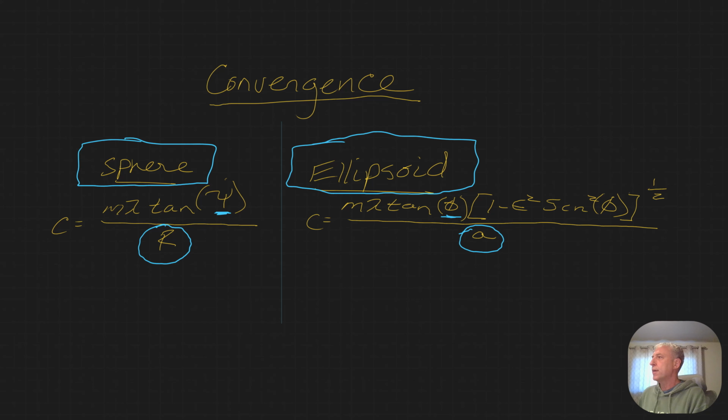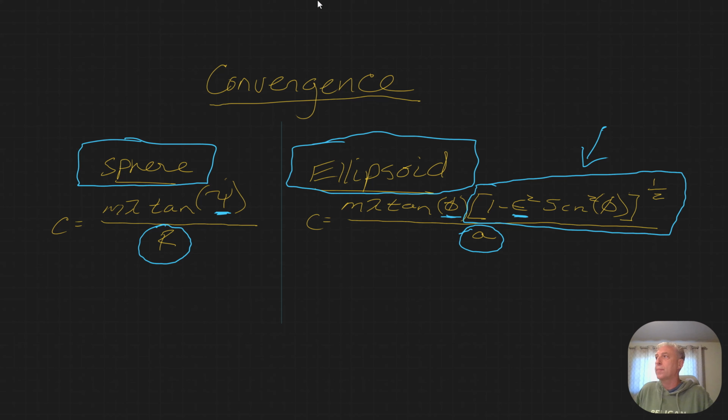This weird guy, this in brackets here, is really the main difference, and that is the defining feature of ellipsoidal formulae versus spherical formulae. It's a way of accounting for the non-uniform radius that an ellipsoid experiences. So we're going to talk about what that is, and it really comes down to this epsilon.